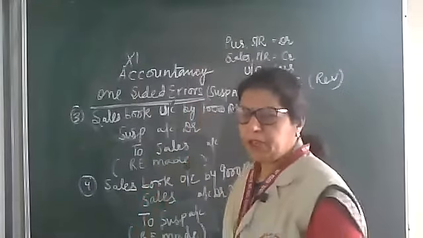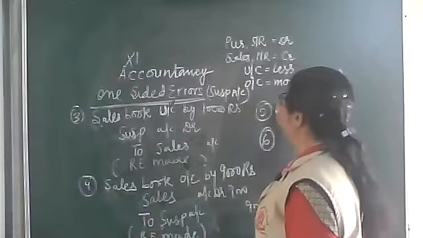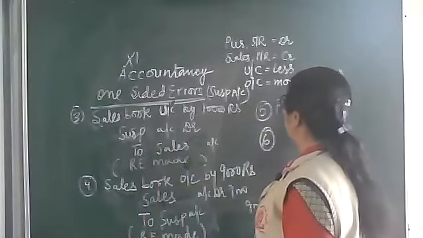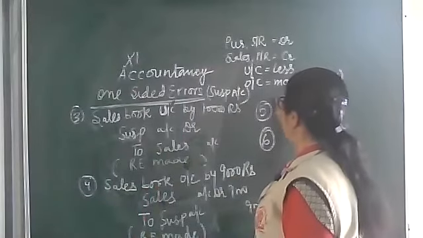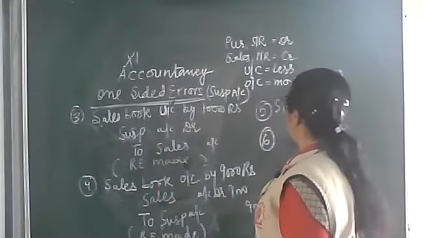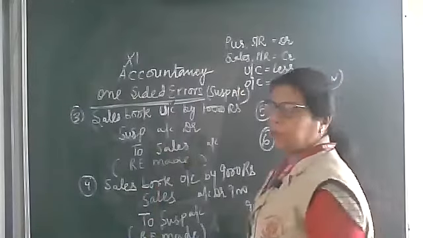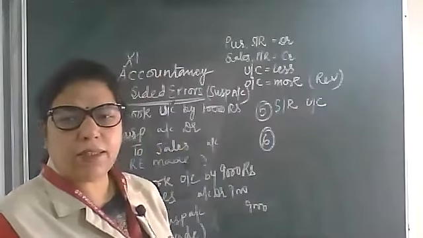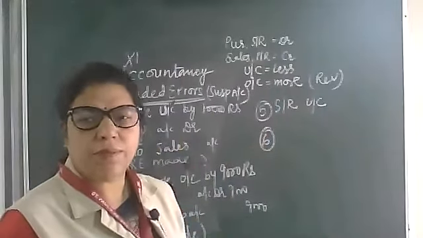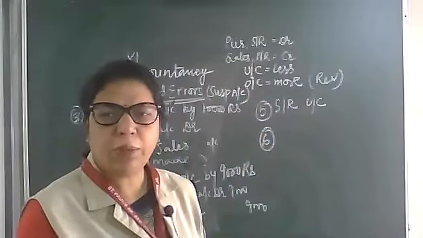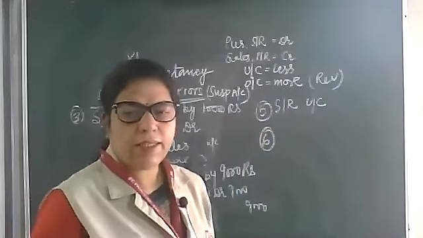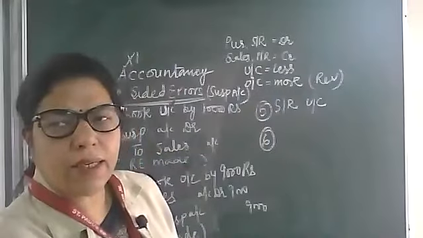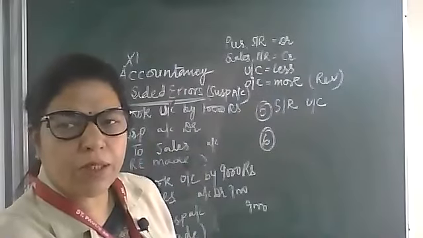Now the fifth entry is for purchase return, sales return under cost. Pass the entry, I will ask from you. Sales return under cost. Yes, what will be the entry, please? Sales return under cost by 1000 rupees.